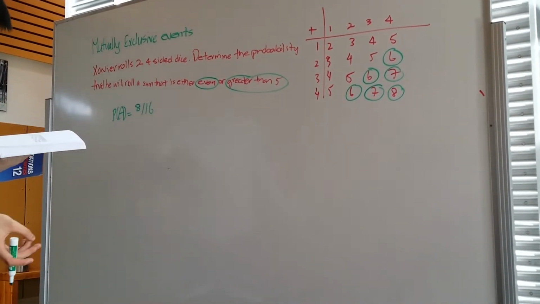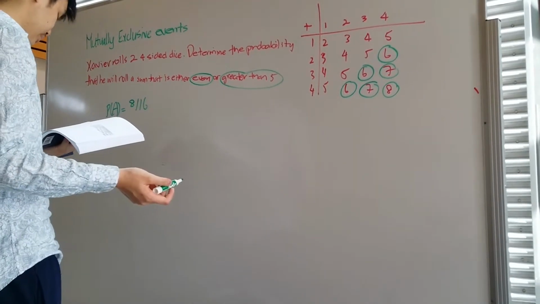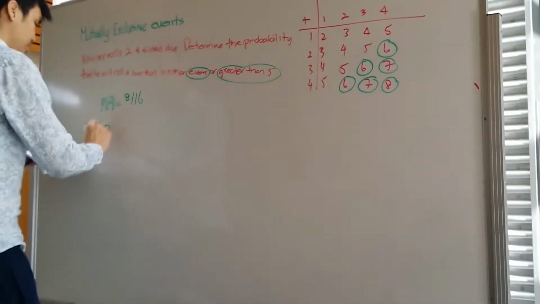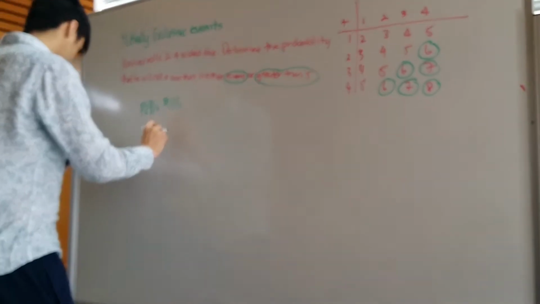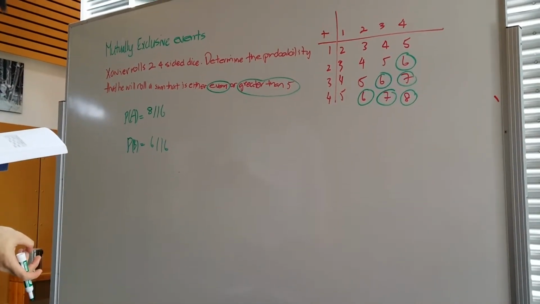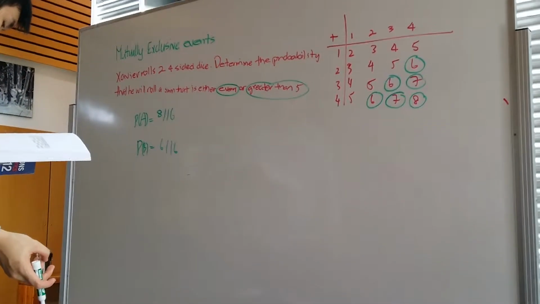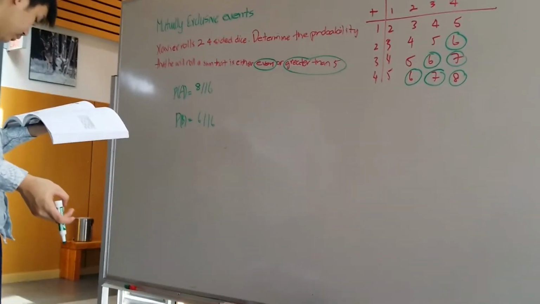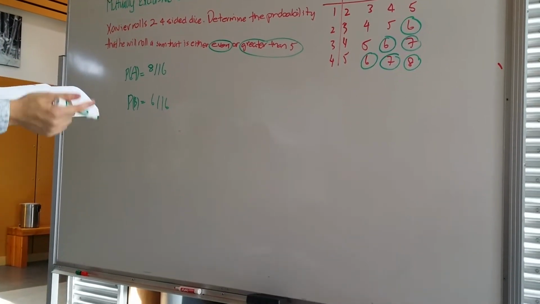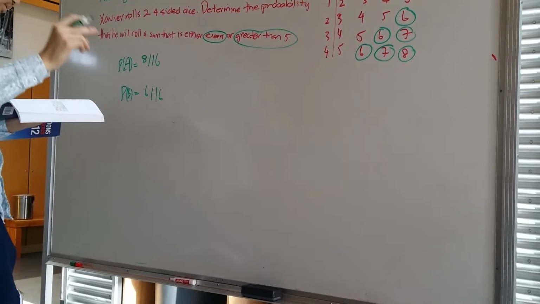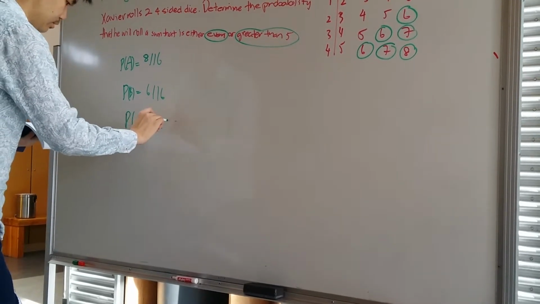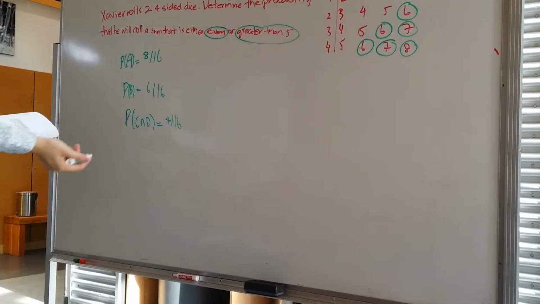Rolling a sum that's greater than 5 is 1, 2, 3, 4, 5, 6, so the probability of B is 6 over 16. And this is the overlap: the probability of A and B is 4 over 16.